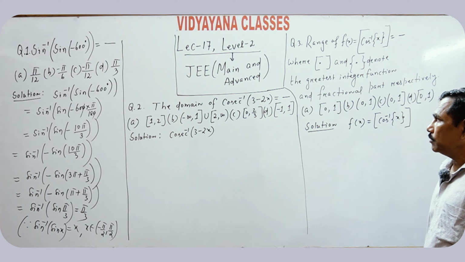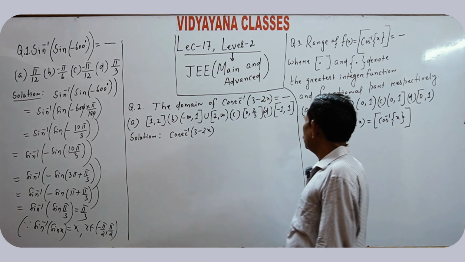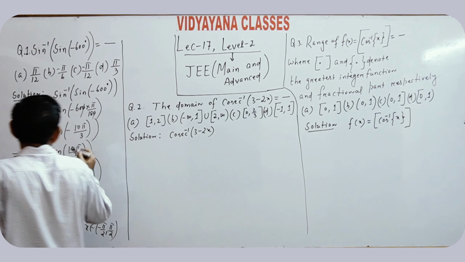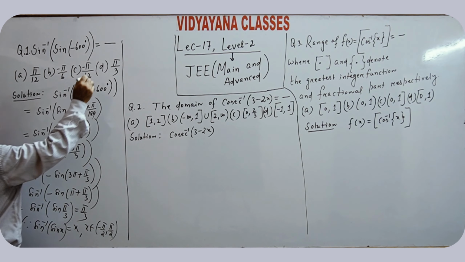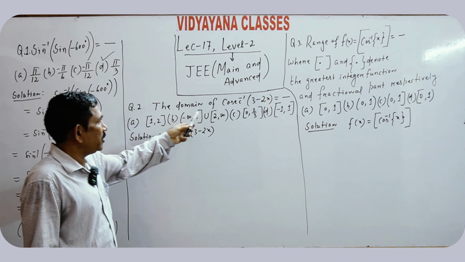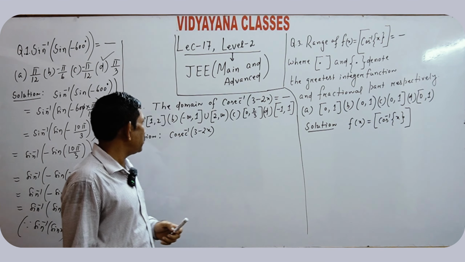Question number 2, the domain of cosec inverse 3 minus 2x is equal to dash. Here the correct option is D, that is pi by 3. Clear? Next, question number 2, the domain of cosec inverse 3 minus 2x is equal to dash.